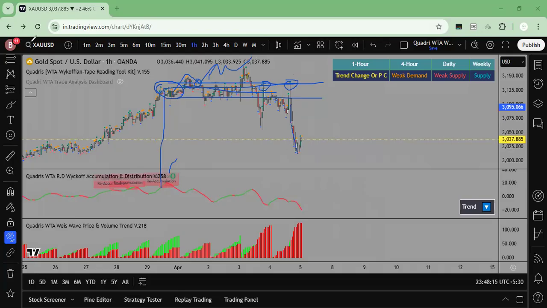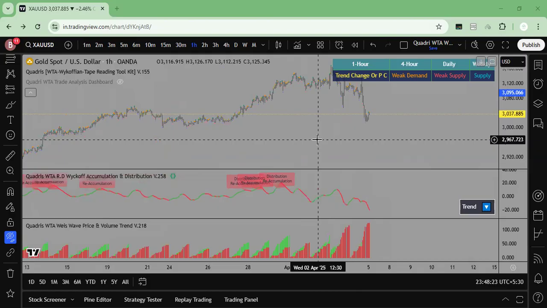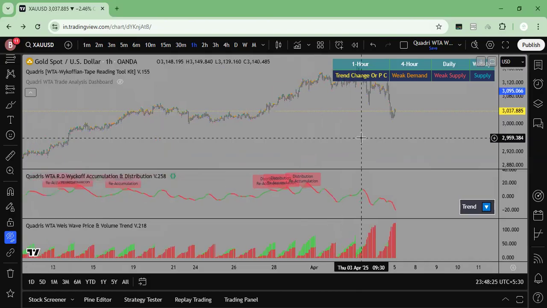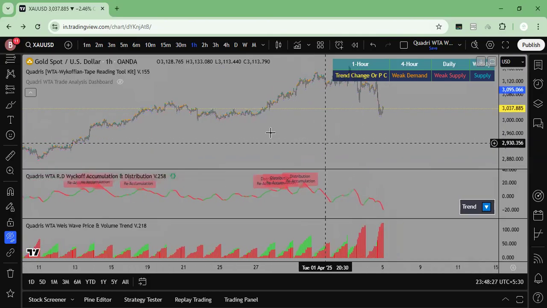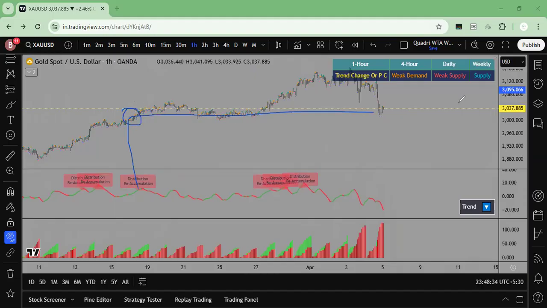Now in this particular market, on the 1 hour time frame, we don't have much information. But if you zoom out and look to the left, let me hide the name of the indicator so that we can see what we are corresponding to. Let me draw a straight line.